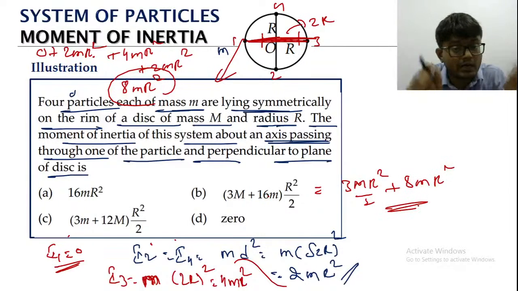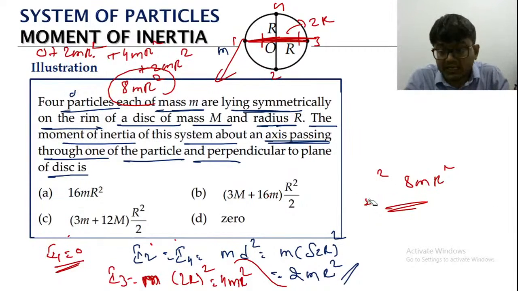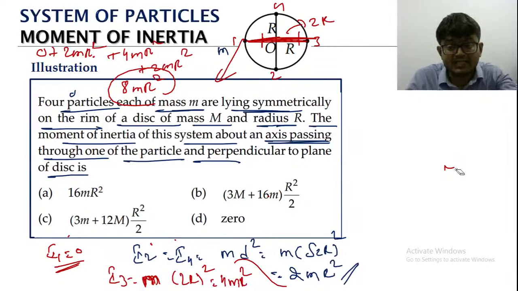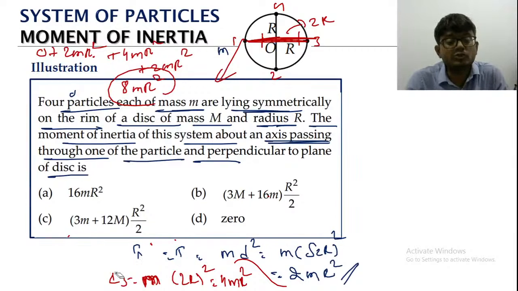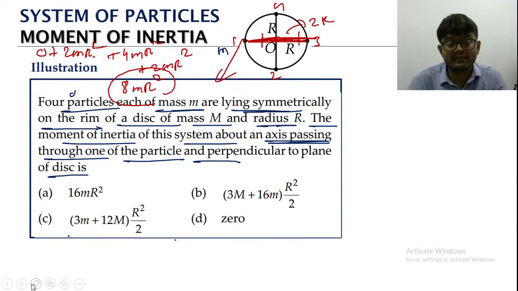So only one of these options is having that 8 small m r square term, which means none of the others are having. So by this itself we can guess our answer. It should be option B. It's not like randomly guessing it, because that is the only option which is having this 8 small m r square. Other ones are not having it. Correct?